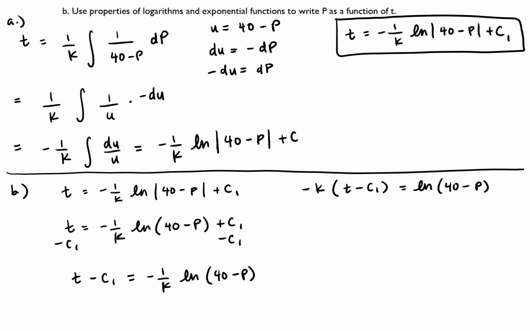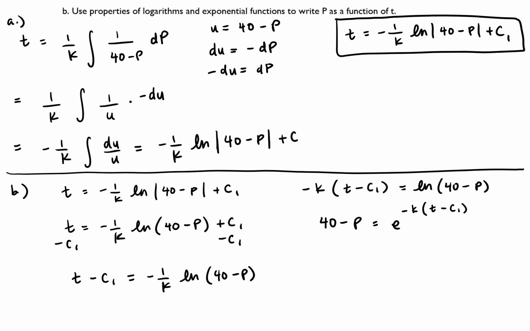Now we need to use the exponential form of the logarithm. So if I rewrote this in exponential form, we would have that 40 minus p is equal to e to the negative k times t minus c1 power, like that.